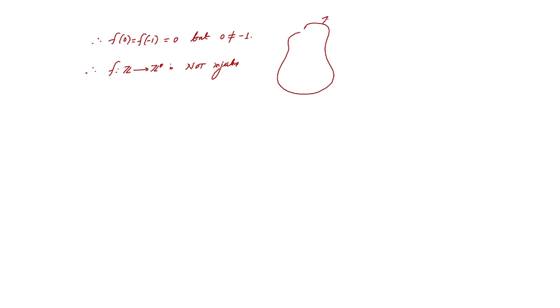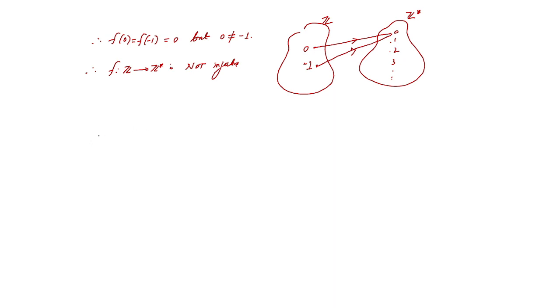because here, Z to Z star, it is 0, 1, 2, 3, 4 and so on. We have seen 0 goes to 0 and also minus 1 goes to 0. So two different and distinct elements have the same image, which means the map is not injective.